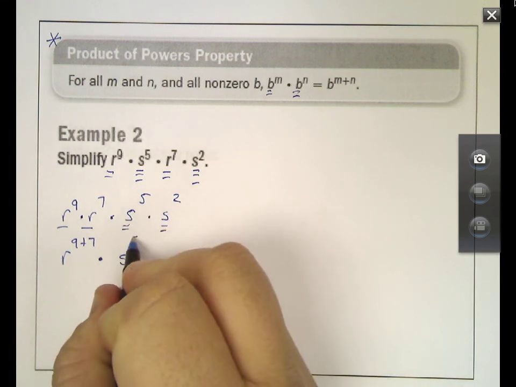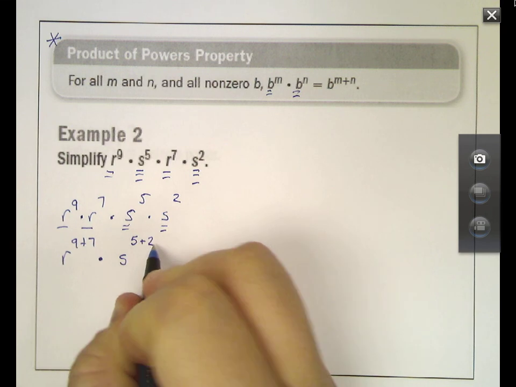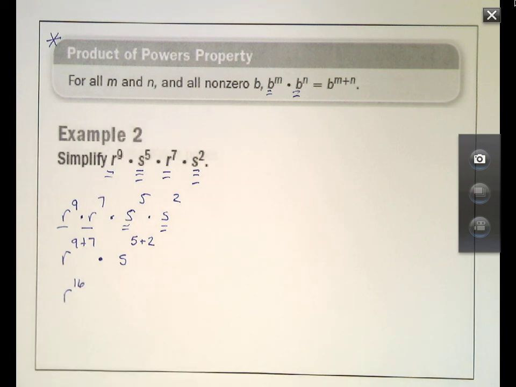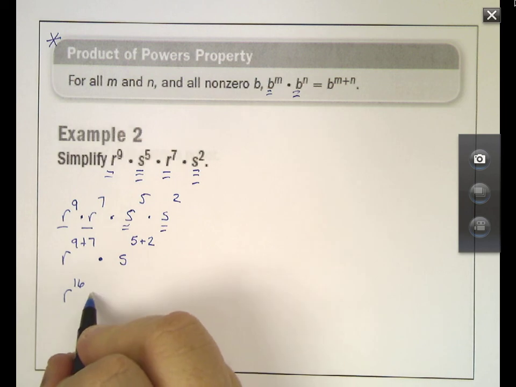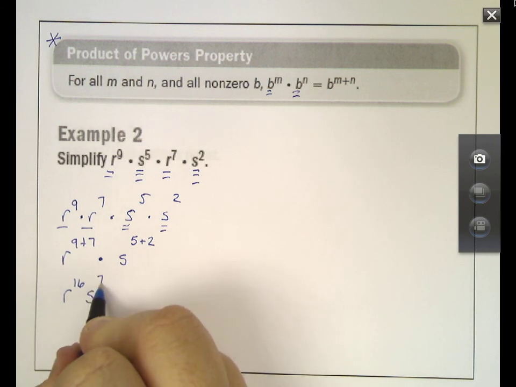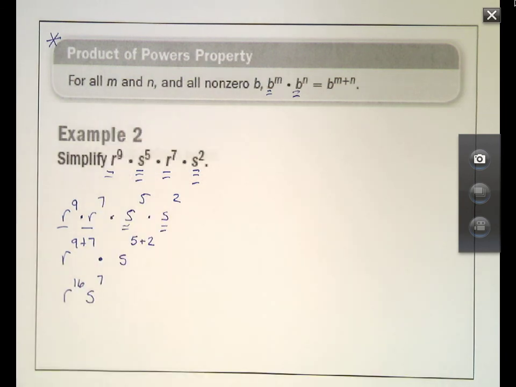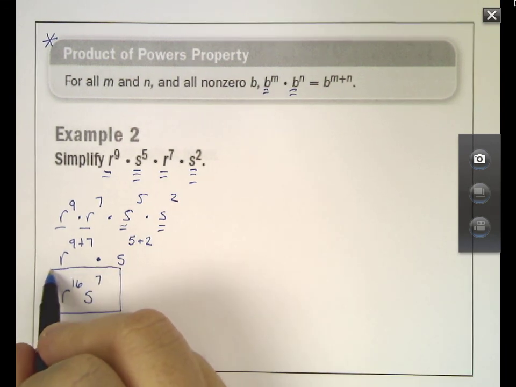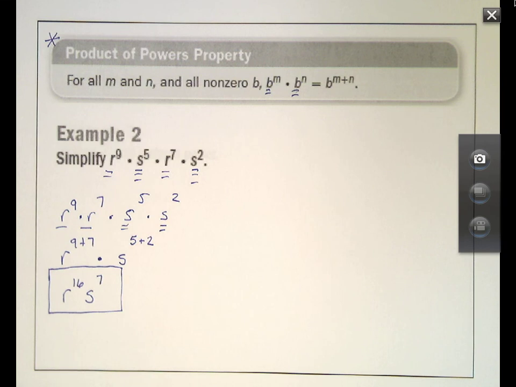So it's s to the 5 plus 2 power. Well, 9 plus 7 is 16, and 5 plus 2 is 7. So if we simplify this down, we get r to the 16th power, s to the 7th power.